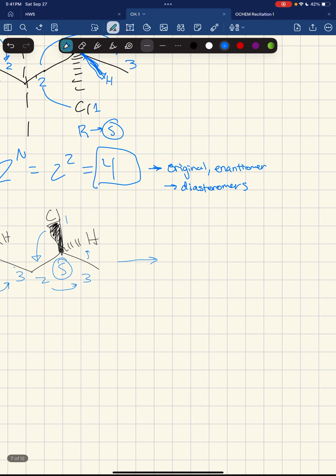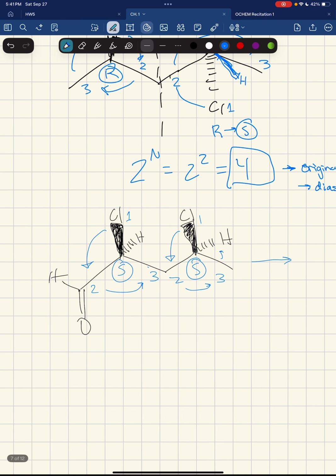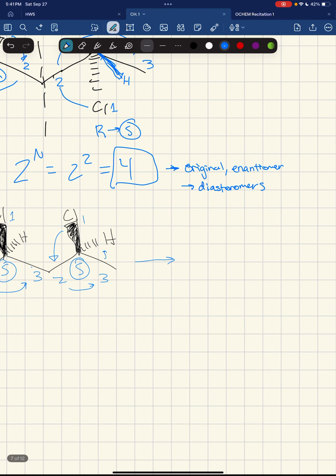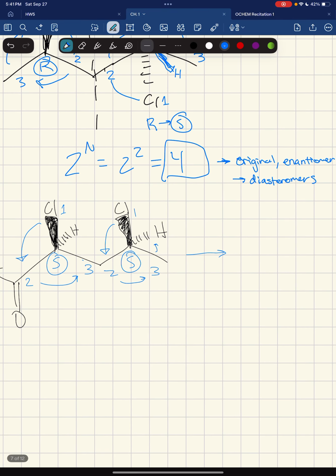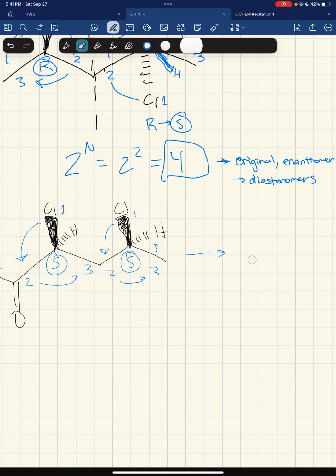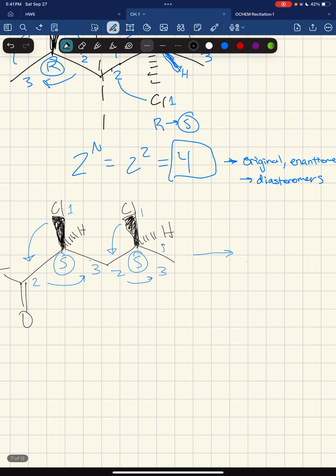The enantiomer is going to be that same exact molecule, but all stereocenters are flipped exactly.